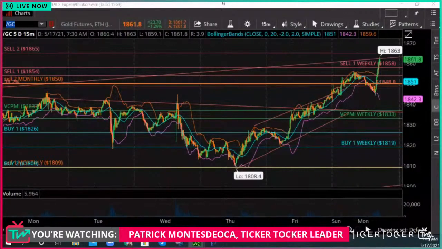If we come down below 1858, it's going to activate a weekly short trigger. This is where the reversion confirmation comes in, where the AI identifies for you the trigger points.